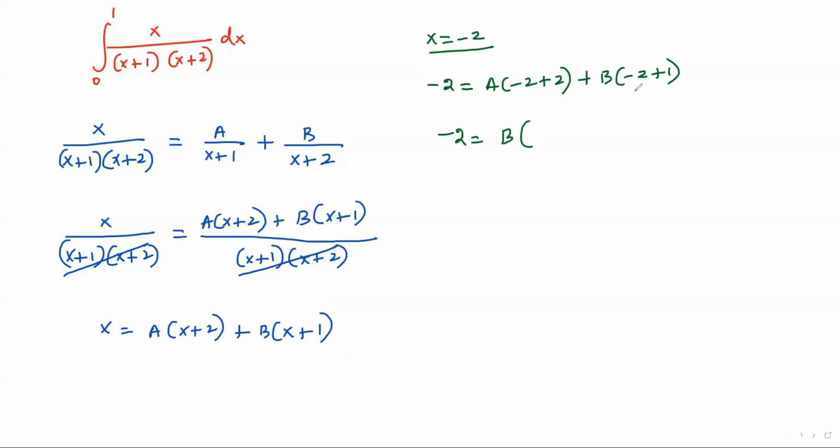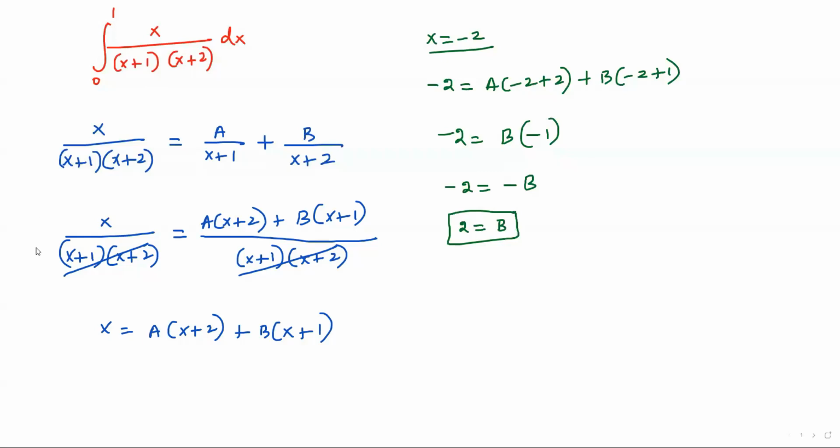B times (-2 + 1) becomes -1, so -2 = -B. To make this negative B positive, I multiply both sides by -1. Then I get 2 = B. So the value of B is 2.